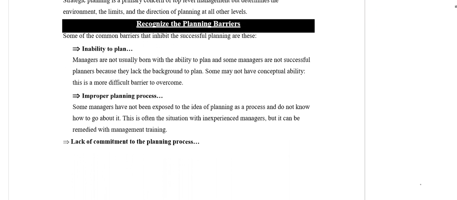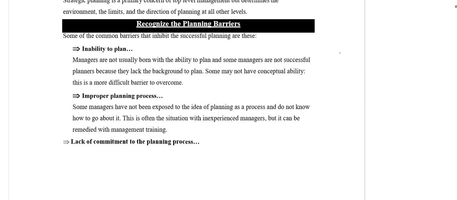So there are some barriers in planning. So dear students, we see that if we plan properly, we will definitely get success. But we have seen different organizations which are becoming failure and which are not getting success and which are being insolvent.